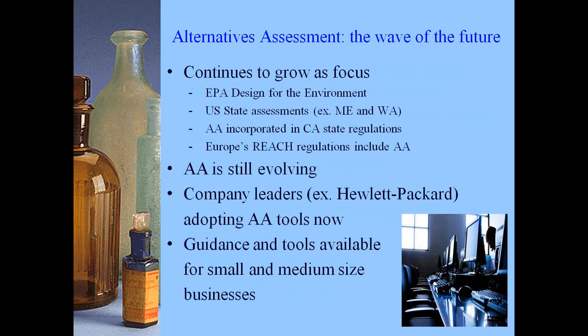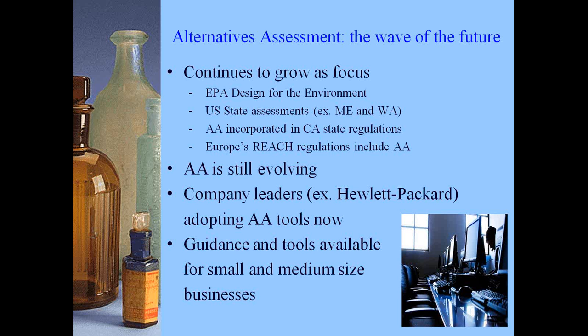I'm not quite so optimistic about that, but it is something that continues to grow. It's based on a lot of work that's done by EPA's Design for the Environment. States are adopting it. For example, Maine and Washington both have done alternative assessments using this process. Alternative assessments has also been incorporated in California state regulations.